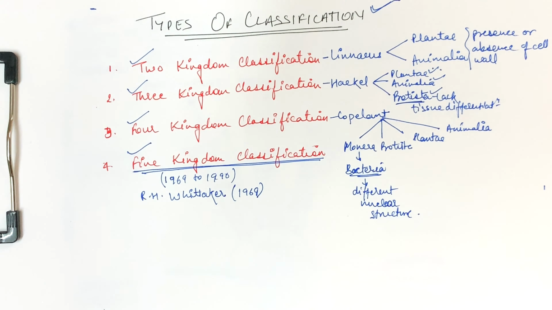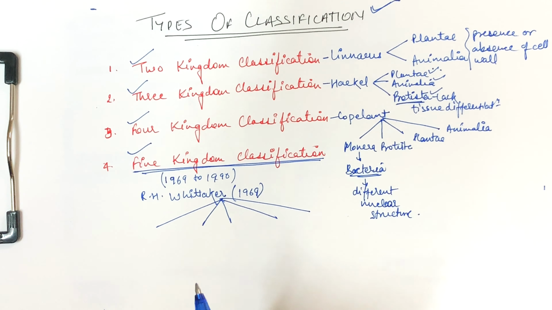He divided the kingdoms on various factors like the cell type, the cell wall, what kind of nuclear membrane they have, whether it is present or absent, the body organization, and the mode of nutrition.